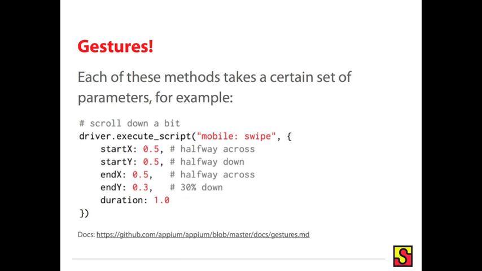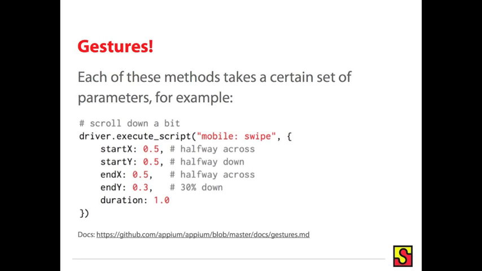So here's an example of the kinds of parameters that one of these methods might take. Let's say we have an application and we want to mimic a user putting their thumb in the middle of the screen and moving their thumb towards the upper edge of the screen with the effect that the application view will scroll down a bit. So we call execute script with the string mobile: swipe, and then we pass a set of parameters.